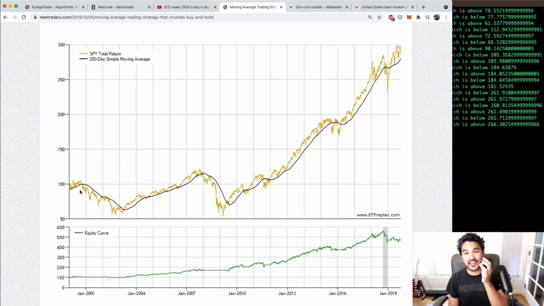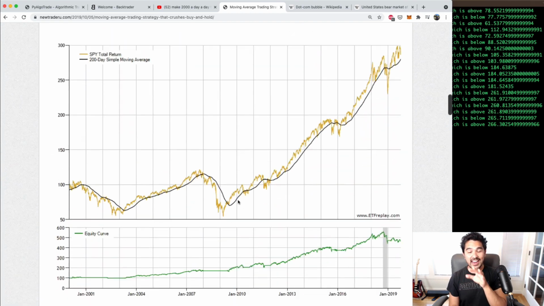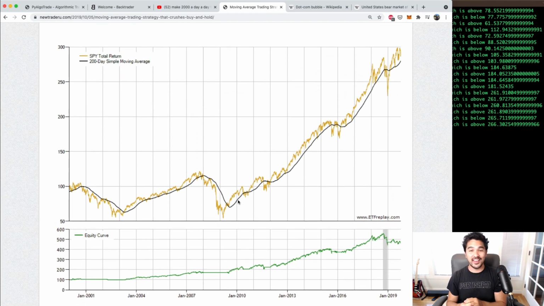Not only did it navigate the dot-com crash, which wiped a lot of people out, it navigated the financial crisis of 2008, which destroyed a lot of people, and if you fast forward till last year, this article was written before then, it actually helped you navigate the COVID crash, maybe by luck, I don't know, but actually this helped dodge the majority of the drawdown that you would have gotten from the COVID crash that happened in March of 2020.